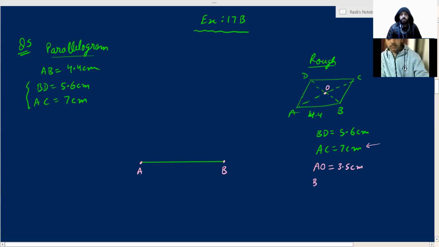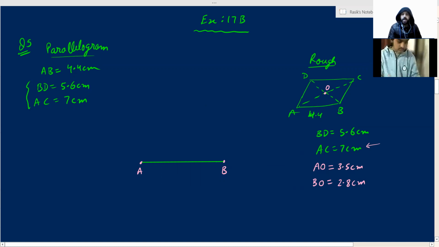What will be the length of BO? O is the midpoint of both the diagonals, right? 2.8. So the length of AO will be 3.5 and BO will be 2.8. Absolutely right.